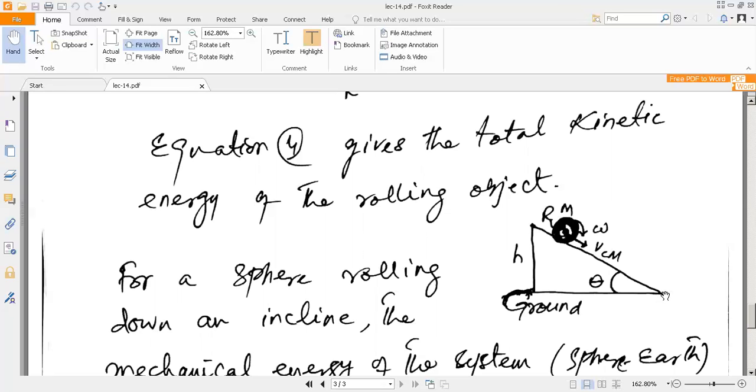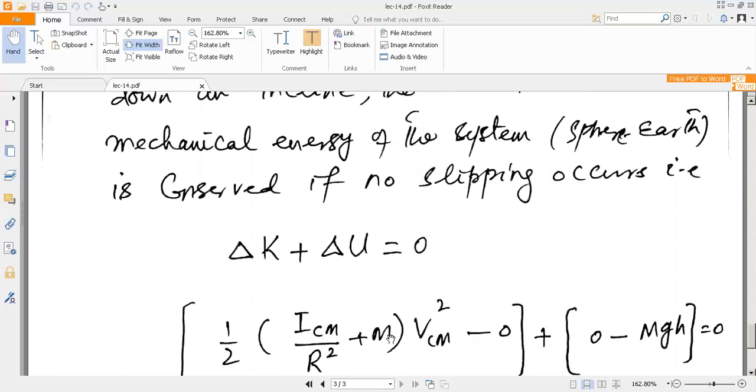The kinetic energy at this point is expressed by this term. So final kinetic energy minus initial kinetic energy, which is 0. This gives the delta K.